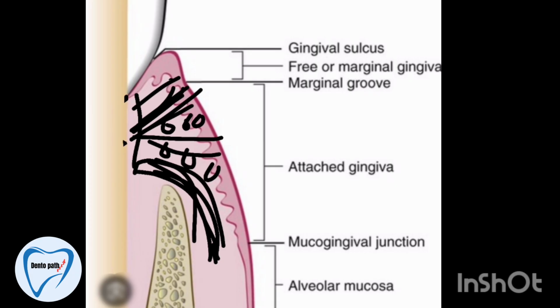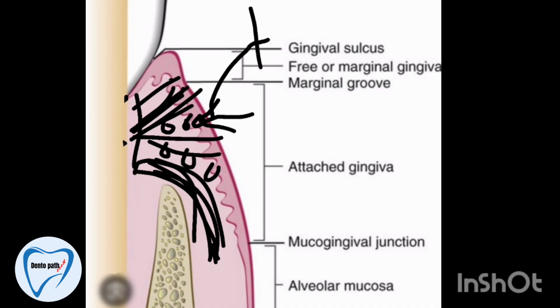Now the circular fibers course through the connective tissue of the marginal and interdental gingiva and enclose the tooth in a ring-like fashion. This is the circular fibers. Now the transseptal fibers are located interproximally, forming horizontal bundles that extend between the cementum of the approximating teeth into which they are embedded.